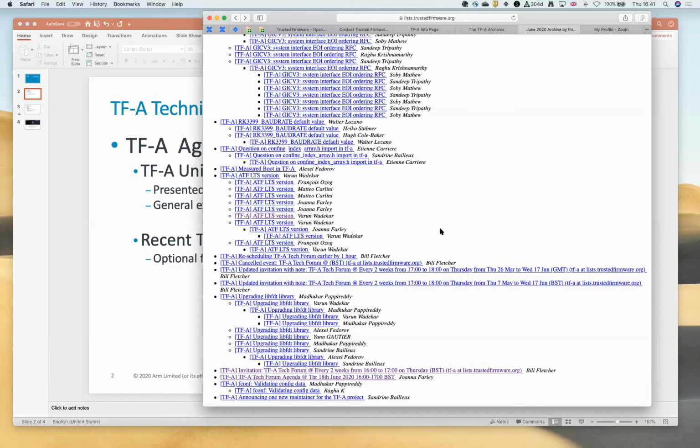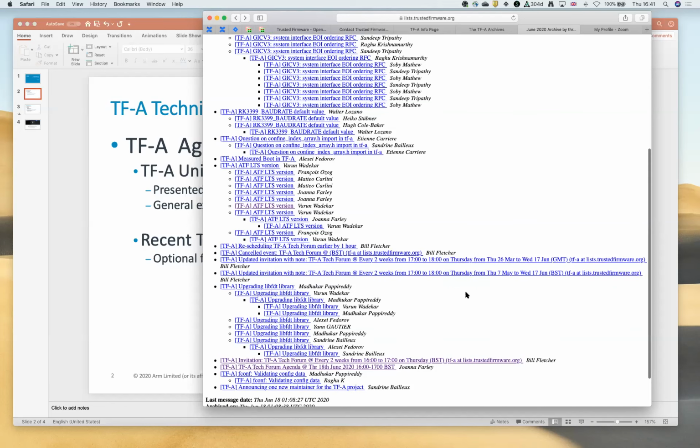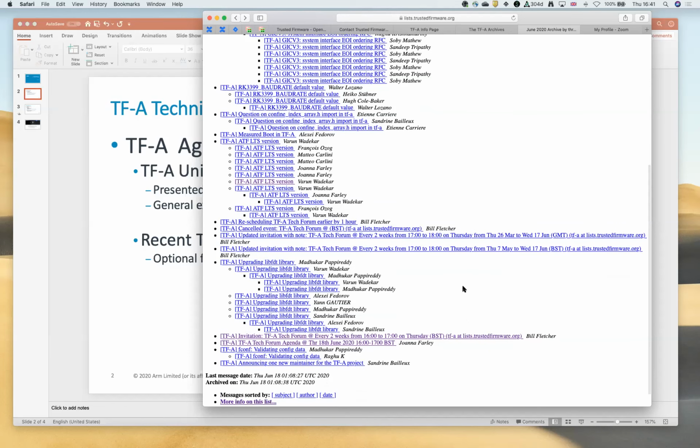I have one question from the mailing list. I see Jan on the call. It's regarding the libfdt upgrade, and in the patch he mentioned that we should also add the fdt_check.c file. Should I continue the discussion on the patch itself?